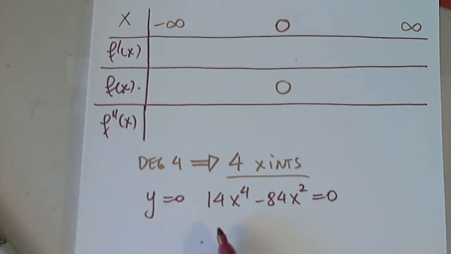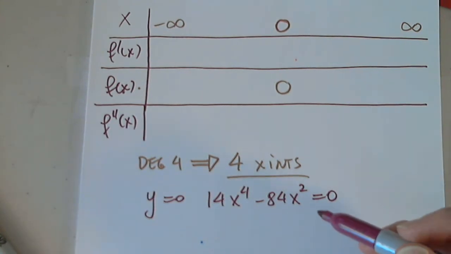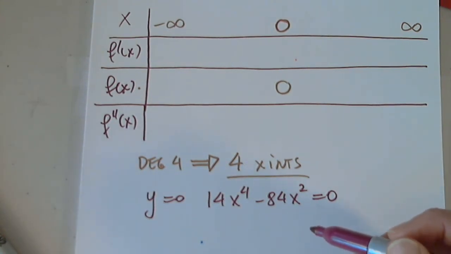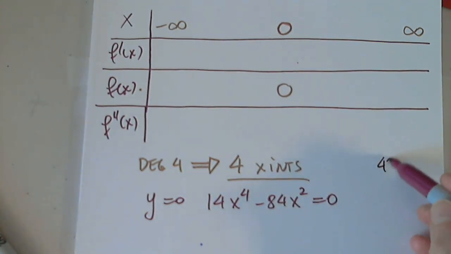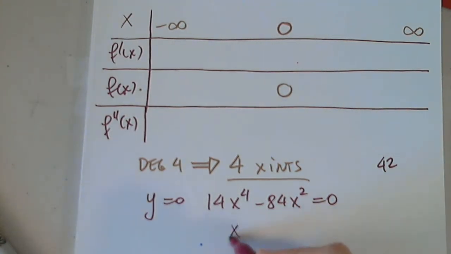So I should be able to divide by 14. So how much is 84 divided by 14? If I divide by 2, it's 42, and if I divide again by 7, it's 6. So it should be 6. So x to the fourth minus 6x squared equals 0.